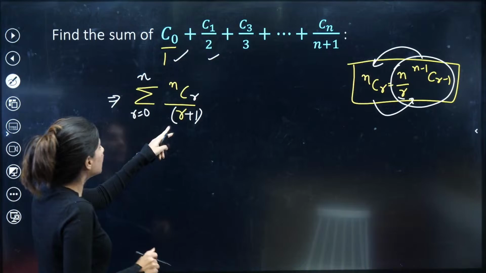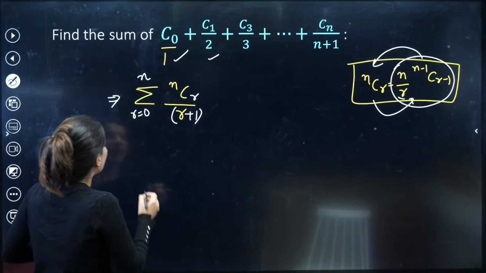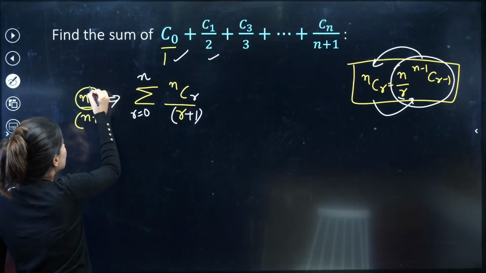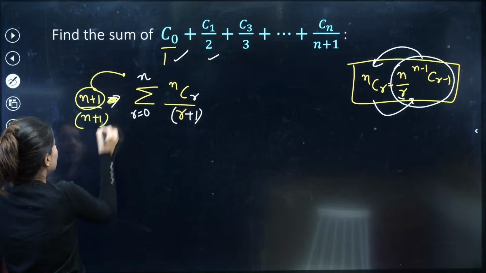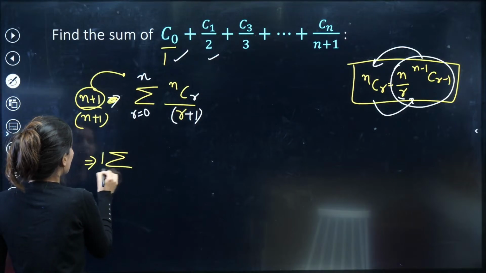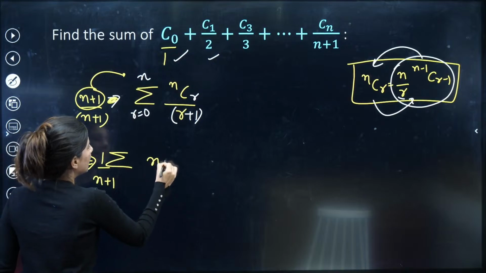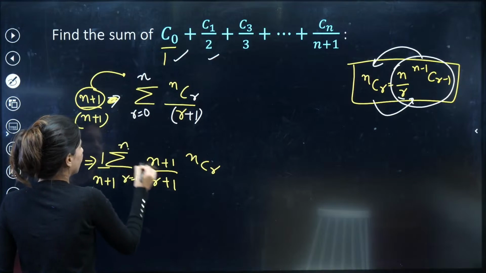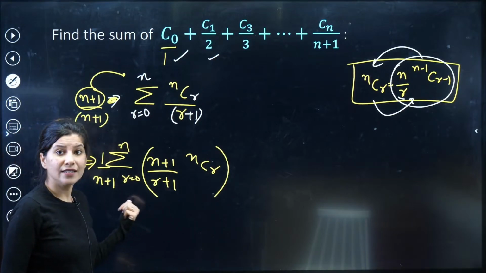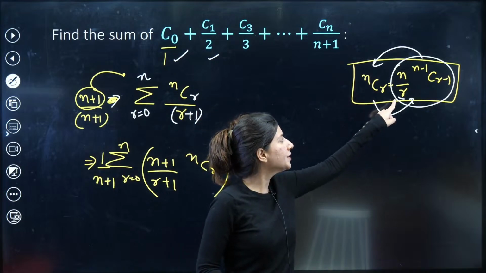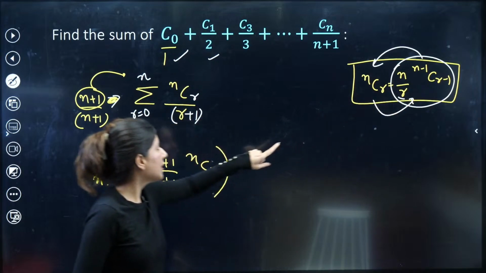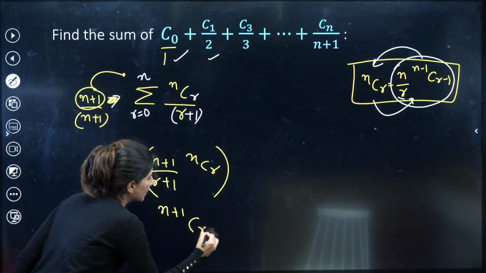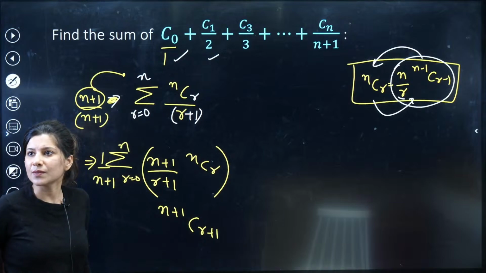So if I have R plus 1, I should have N plus 1 upon N plus 1. So this N plus 1 will go inside and your final sigma will become 1 upon n plus 1 outside, and this is n plus 1 upon r plus 1 NCR, R is equals to 0 to n. Can you go reverse? Yes, definitely. So here n upon r was here, n minus 1 CR minus 1. So here n plus 1 upon r plus 1 NCR will become n plus 1 C r plus 1.